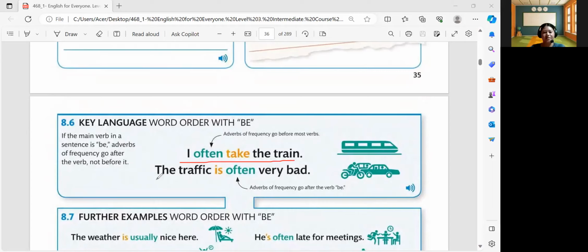Is it my house is sometimes too cold? Or it could be my house sometimes is too cold. My house is sometimes too cold. Okay, wait for a while.